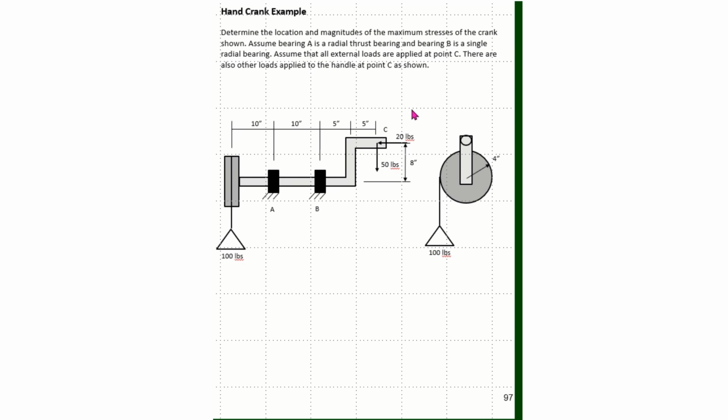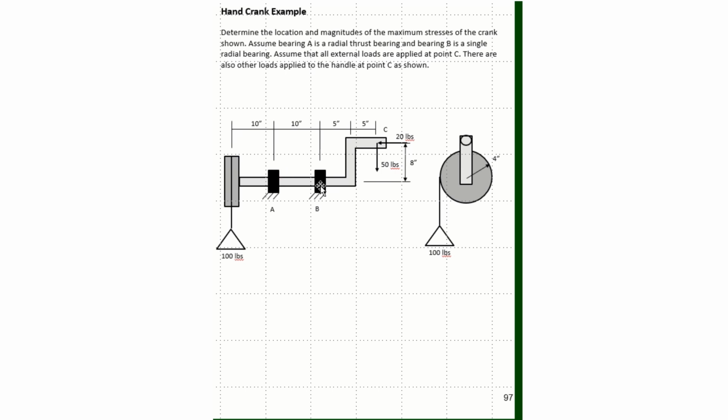So to talk about bearings for just a minute, a radial thrust bearing is a bearing that can handle any loads in the radial direction, and it can also carry an axial thrust load, so it can carry a load in this direction. Bearings are typically designed to carry large radial loads.